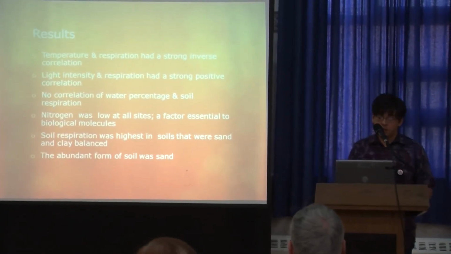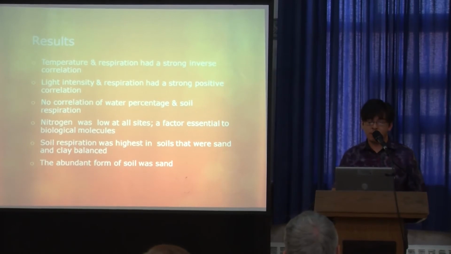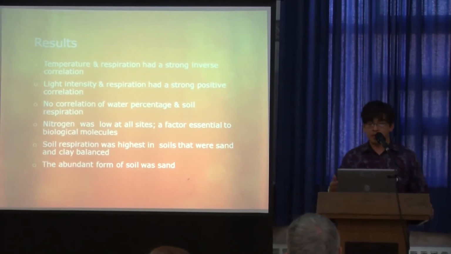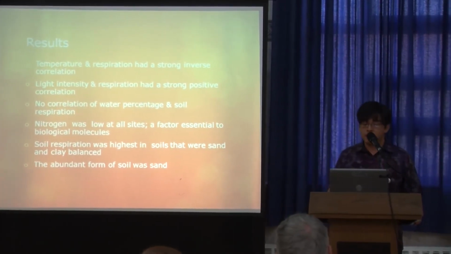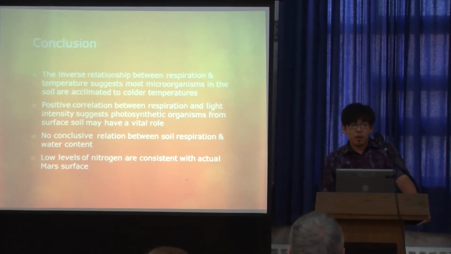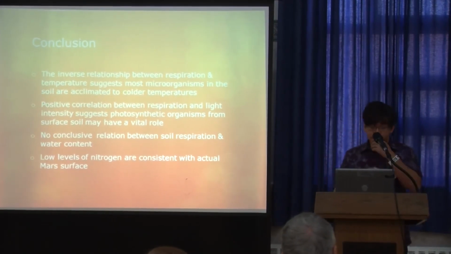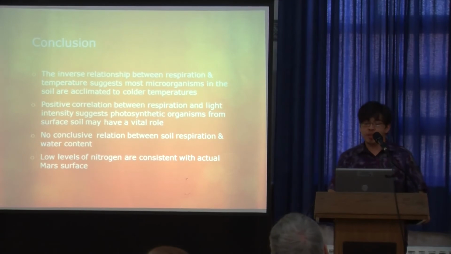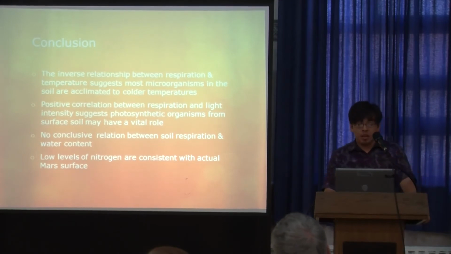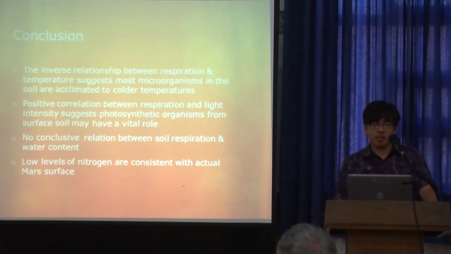And when it's warm, it's sandy soil, and in a desert it's going to be sandy. Some more points were given off again, with levels of nitrogen resembling the actual Mars surface.